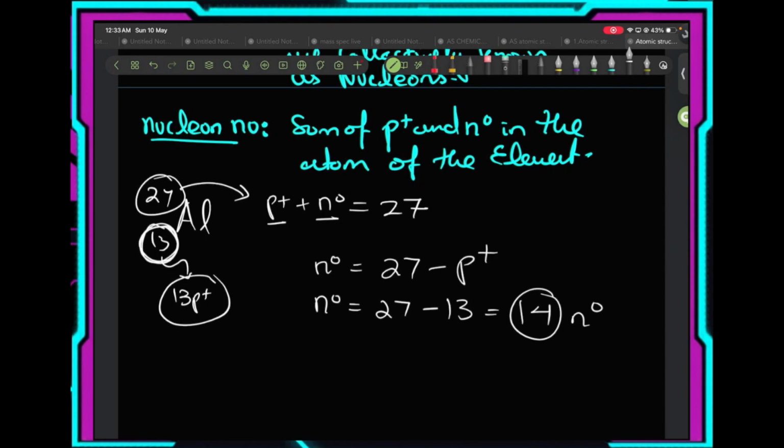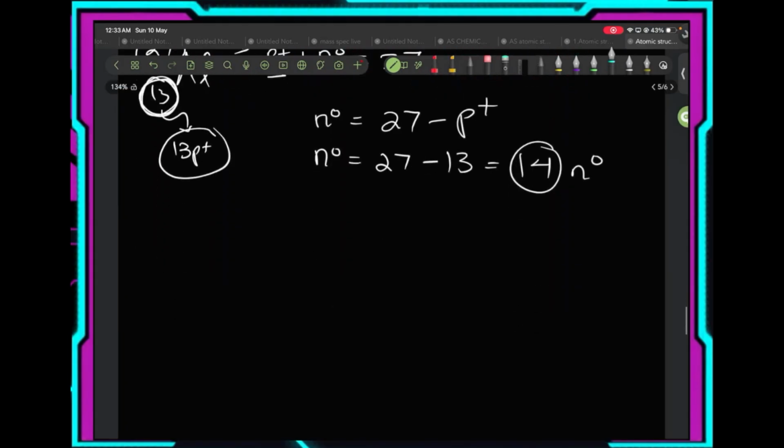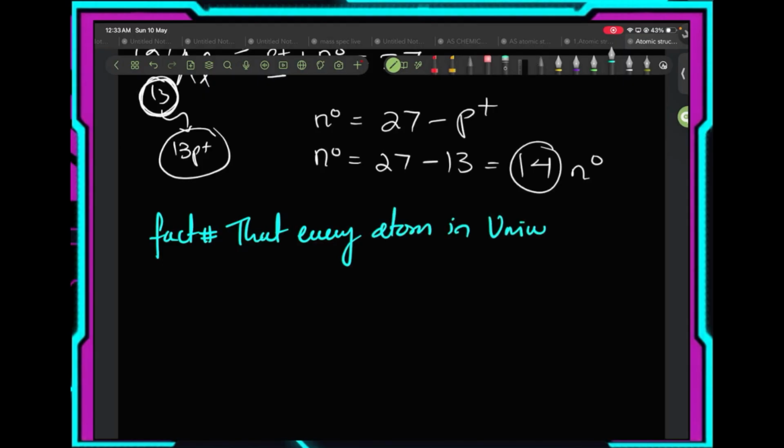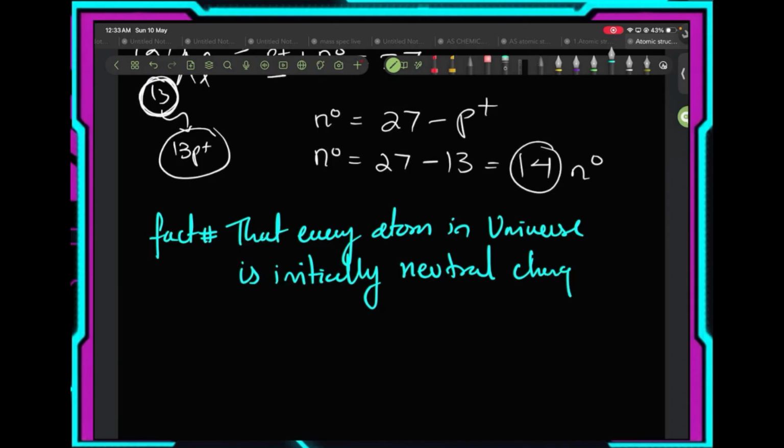Okay, and none of these numbers tell you how many electrons the atom might have. None of them. But we know for a fact that every atom in the universe is initially neutral charge wise.